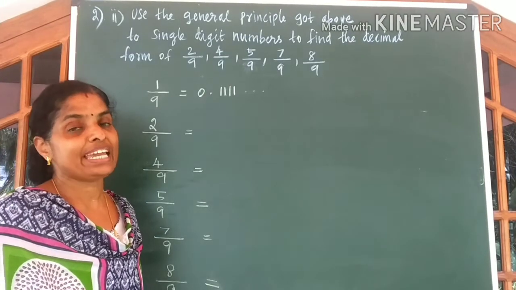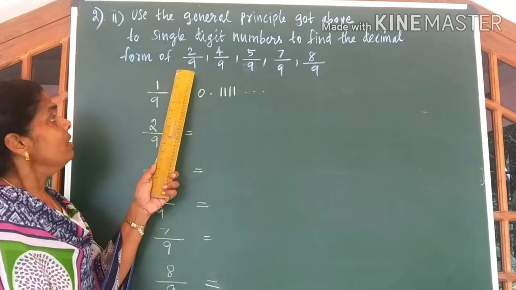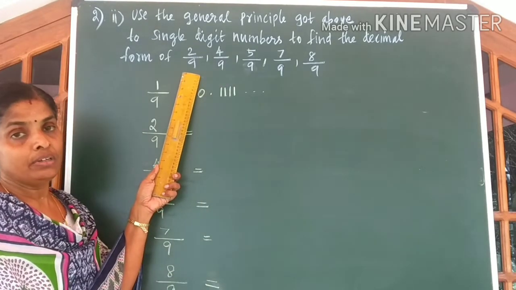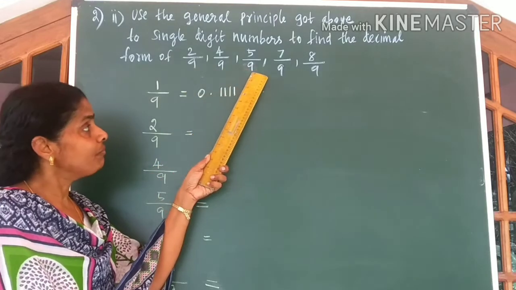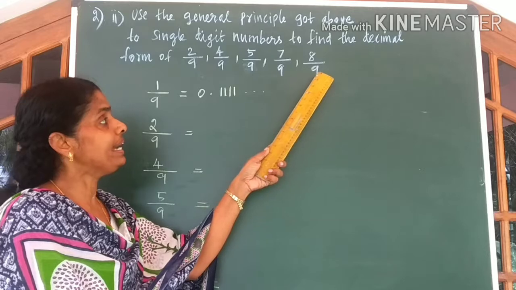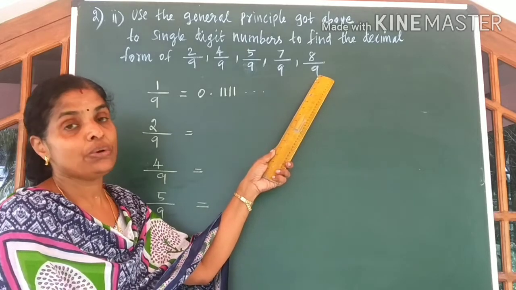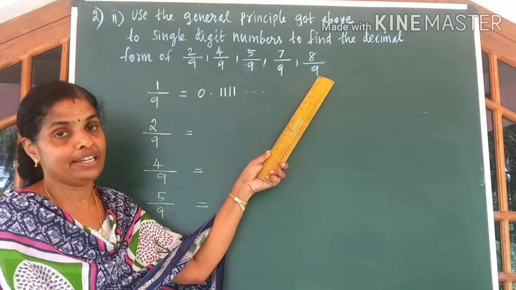Come to the second question, children. We are going to find the decimal form of 2 by 9, 4 by 9, 5 by 9, 7 by 9 and 8 by 9 using the idea we have studied now.